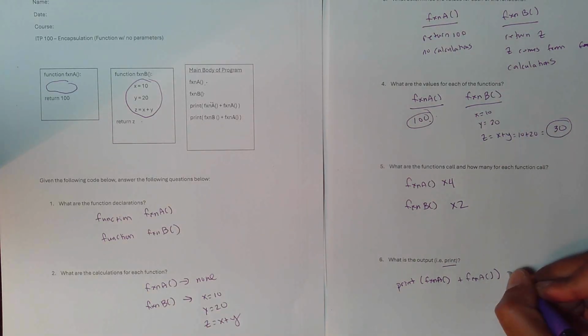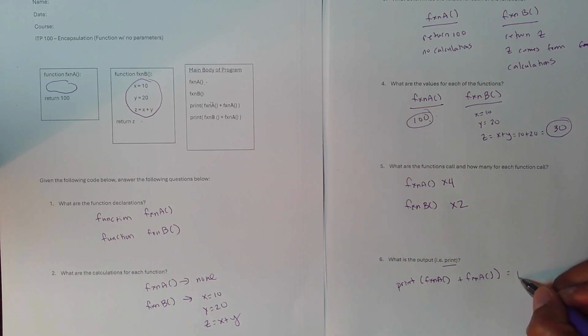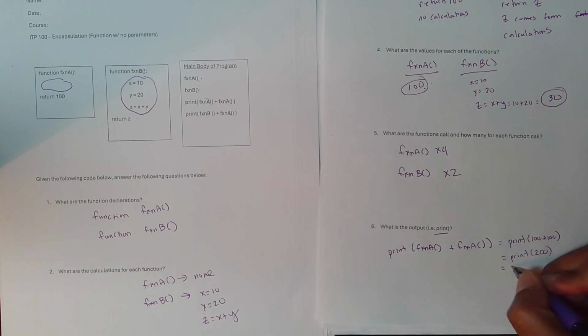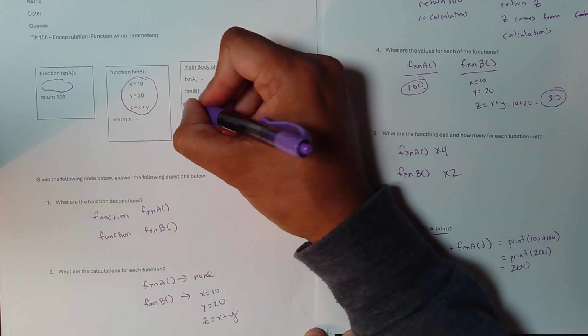So I'm printing 100 plus 100, which gives me 200. And that's for this print statement here.